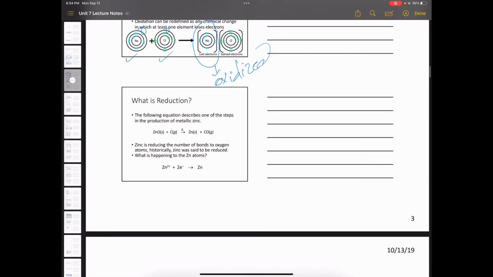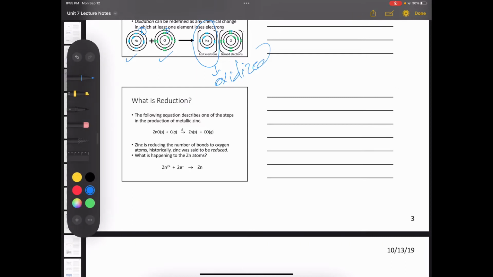Okay, now reduction was also initially thought to only take place when oxygen is involved. So an element is said to be reduced when there is a reduction in the number of oxygen bonds. If you look at the reduction of zinc oxide equation, zinc oxide reacts with carbon under heat to form carbon dioxide and elemental zinc.